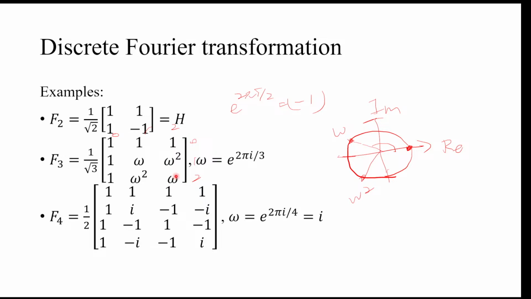But omega to the fourth power equals omega to the first power, because omega to the third power equals 1. So you also have omega here.